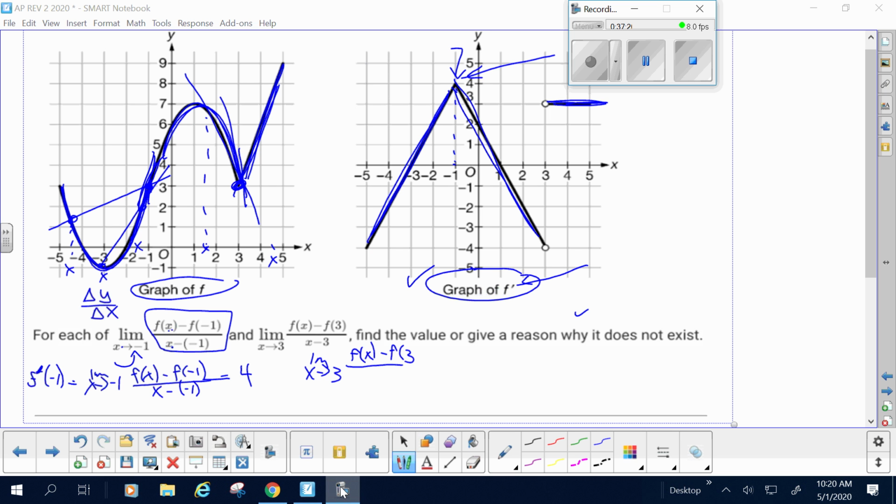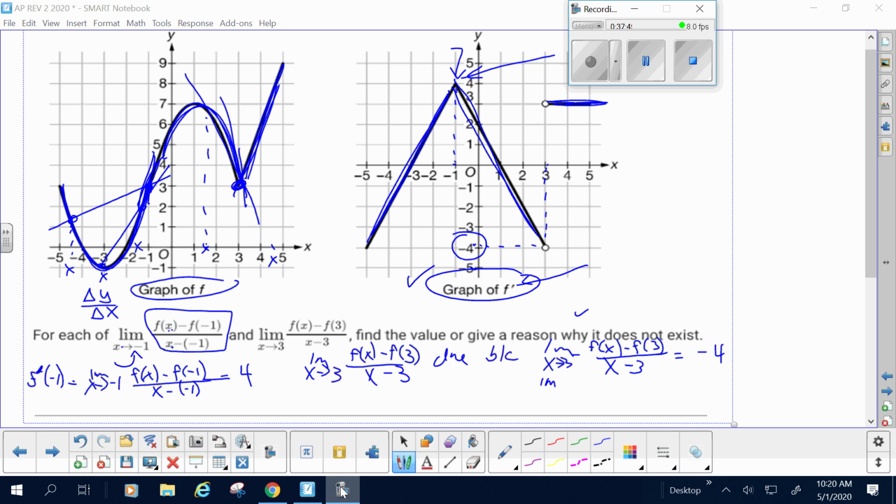So you're going to say the limit as X goes to 3 of this slope calculation, or difference quotient, does not exist because, and here's where we use good notation, the limit as X goes to 3 from the left approaches, well, what does the slope approach from the left? The slope from the left is the derivative from the left. The derivative from the left is approaching -4.